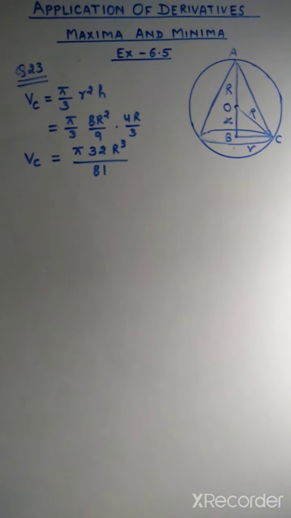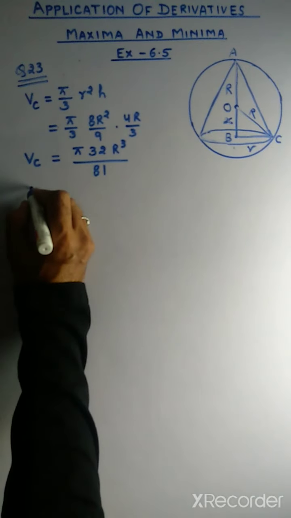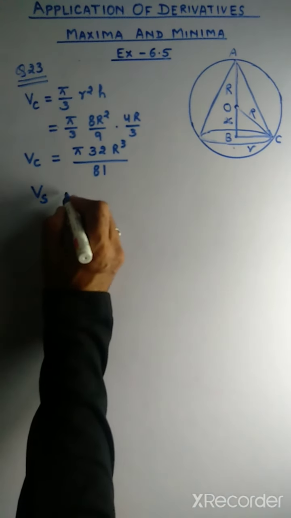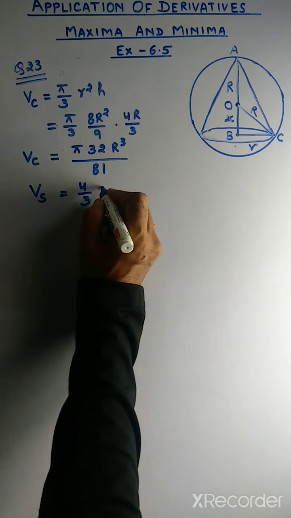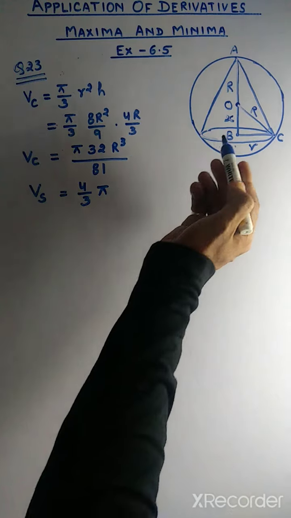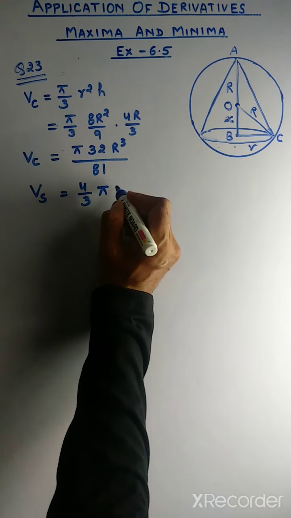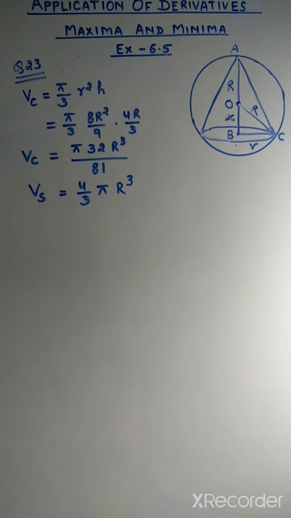This is the volume of the cone. Now the volume of the sphere, denoted by Vs, is 4 by 3 pi R cube, where the radius of the sphere is given in the question as capital R.